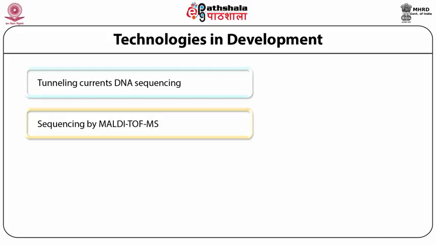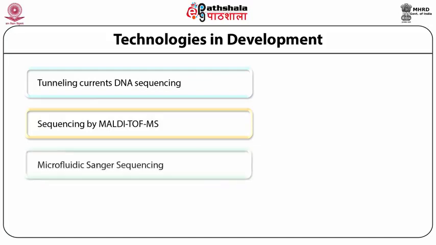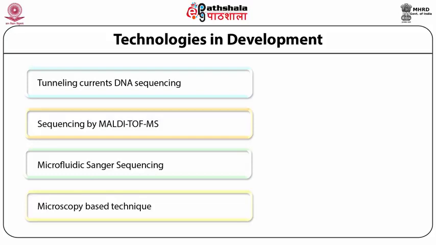The third very interesting modification of Sanger's method is microfluidic Sanger sequencing. It is based on the same principle as Sanger, but it employs microfluidics, and this use of microfluidics has decreased the cost per reaction and increased the accuracy of sequencing. The fourth interesting mode of sequencing is a microscopy-based technique.